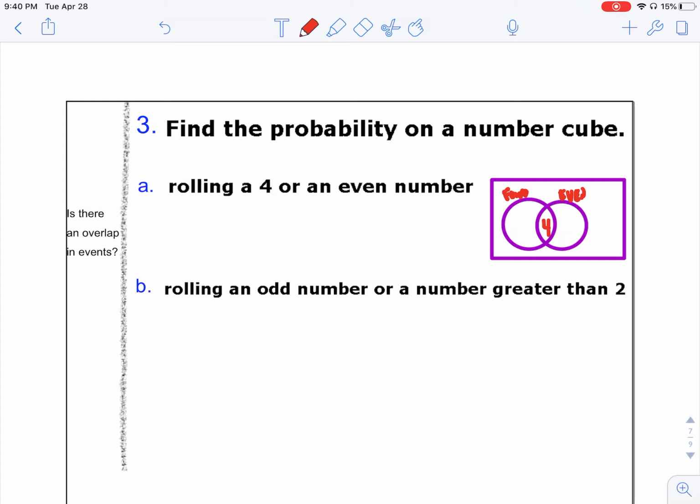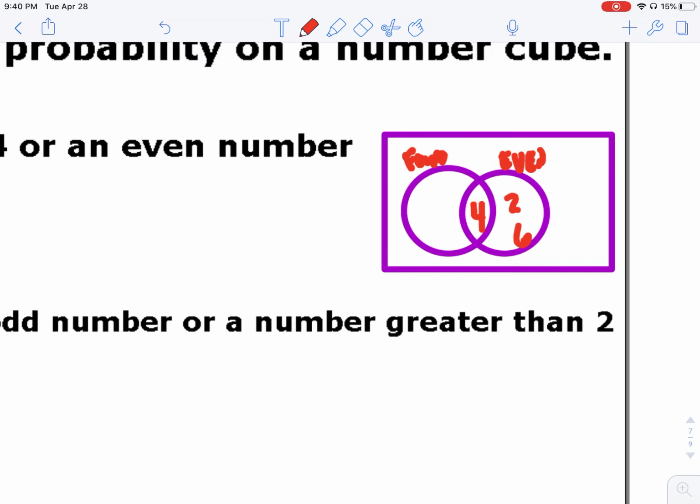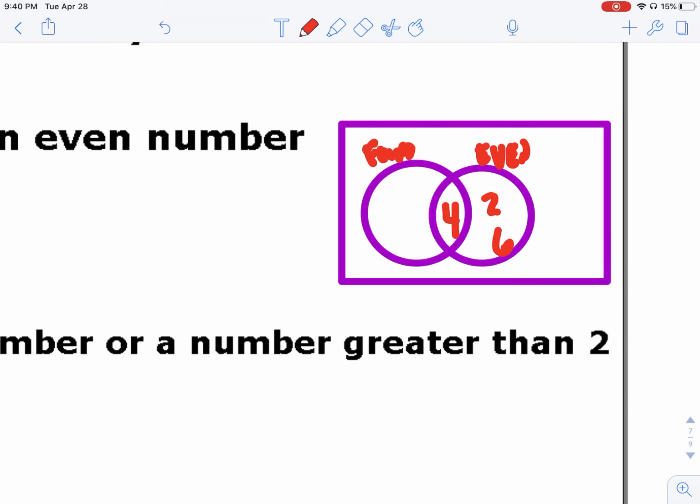The other evens that are not 4s would be 2 and 6. And so my Venn diagram would look like that. There's a 2, a 4, and a 6 all in the even, and the 4 is in the overlap. And then on the outside, we'd have all the odds, 1, 3, and 5.